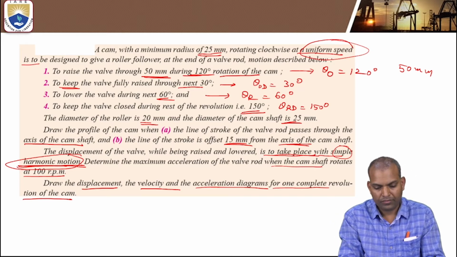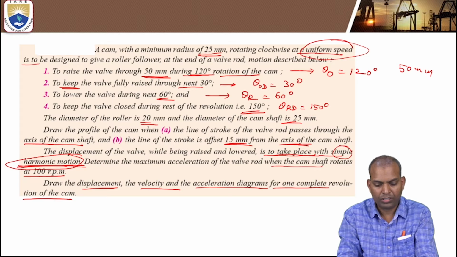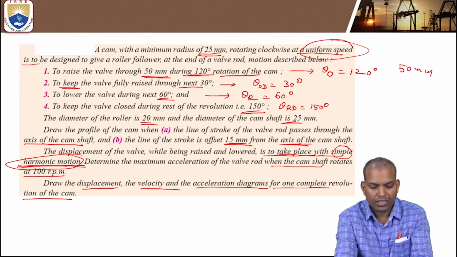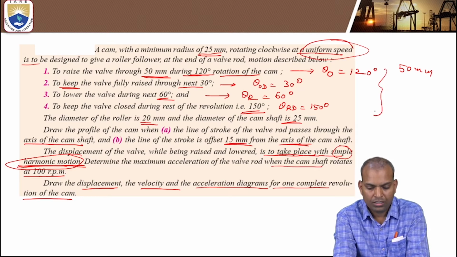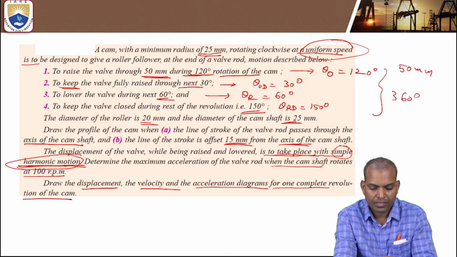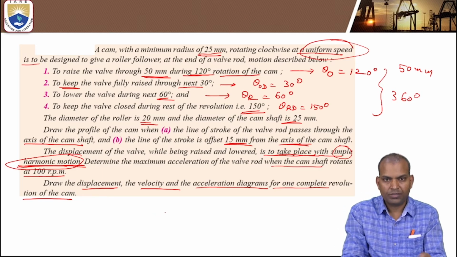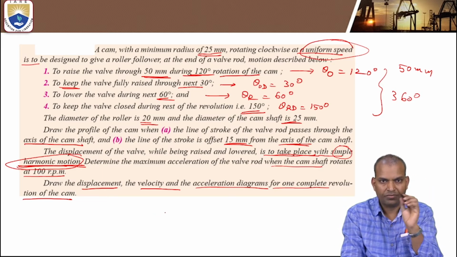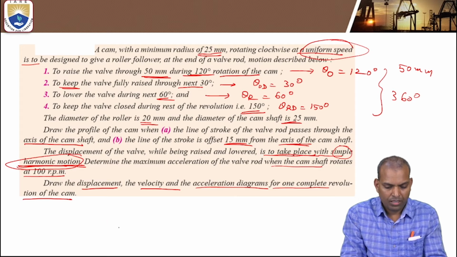If you combine these, the outstroke rotation plus outstroke dwell plus return stroke plus return stroke dwell total 360 degrees, that means one complete revolution.